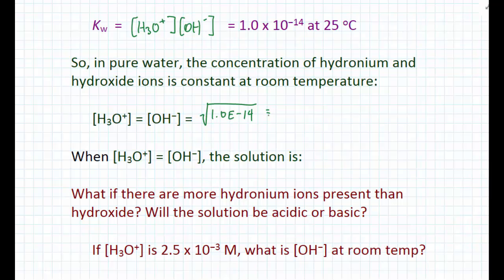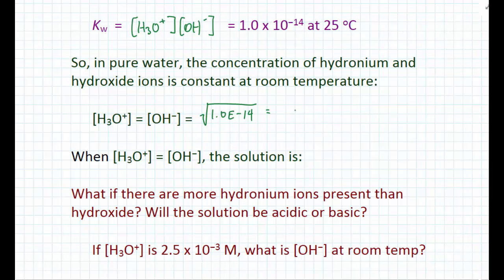How do you take the square root of a power of 10? You guys know that? You divide the power by 2. What is the square root the same as a power of? 1/2.